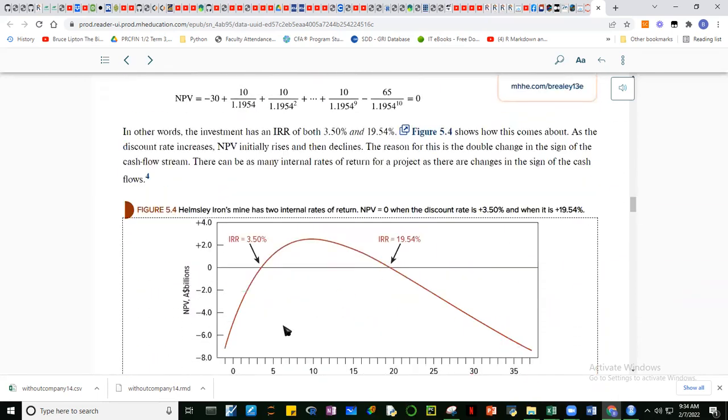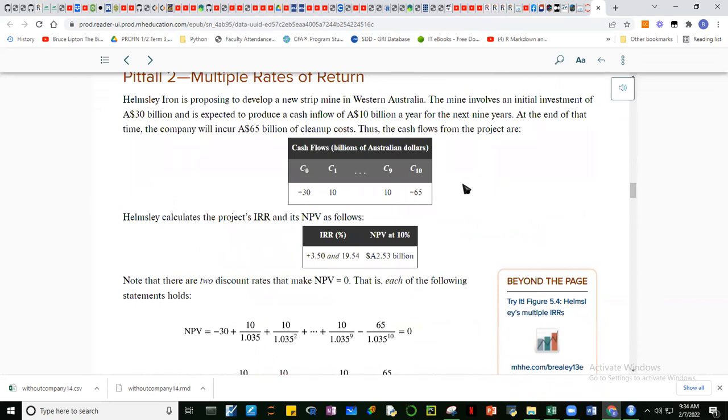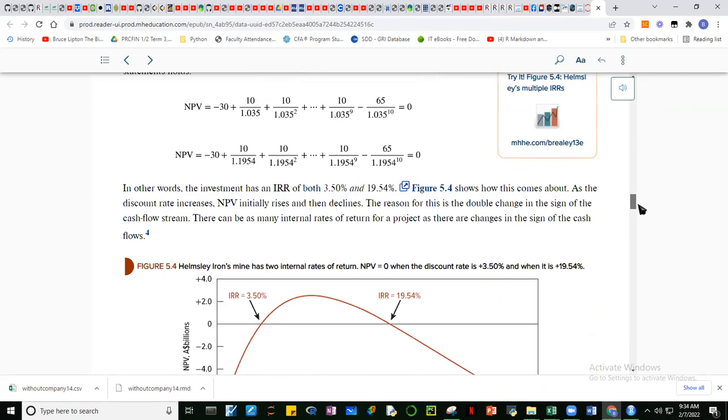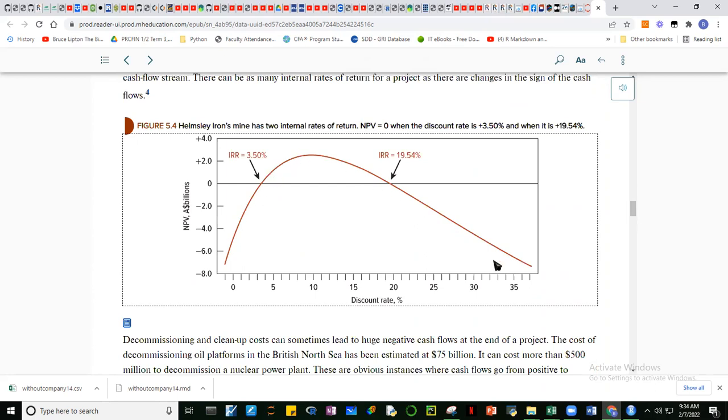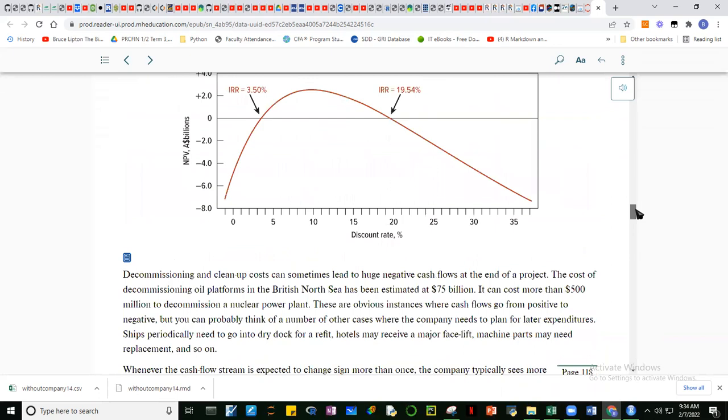So this is a diagram of the IRR for this project where you have another negative free cash flow at C10, that's negative 65. At year 10, you have a negative free cash flow. So when you plot that, you will see that there are two IRRs.